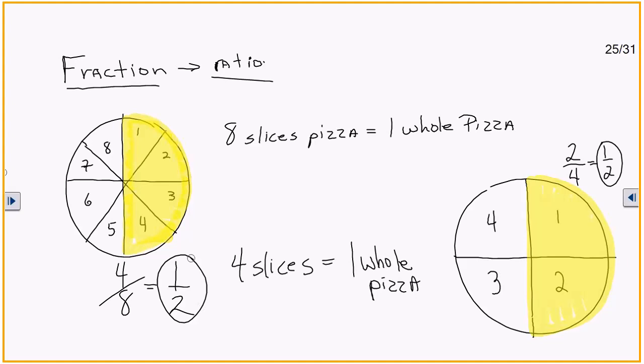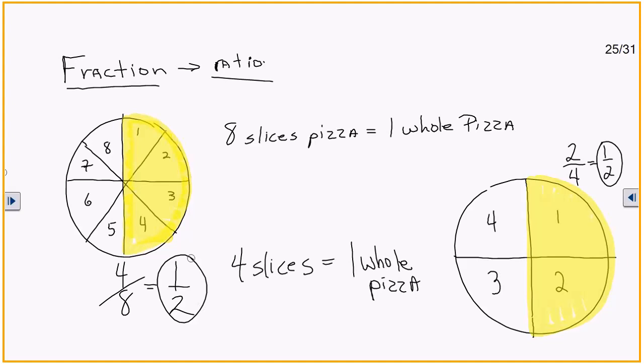But if you eat 4 slices of this pizza, and you eat 2 slices of this pizza, you still have eaten half a pizza. You'd be surprised how many people, if you're on a diet, when asked should you eat 2 pieces of 4 slices or 4 slices of 8 slices, 90% of the people will say 2 slices versus 4 slices. It's the same thing.